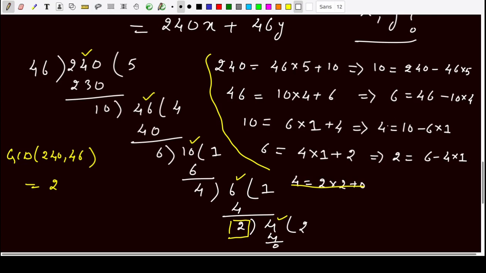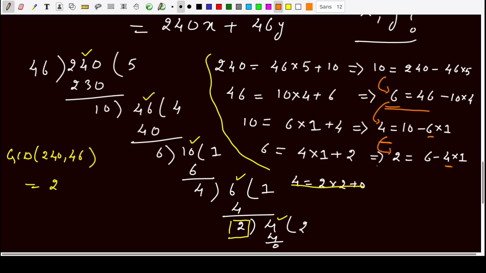Now what we will do is replace the values. Here there is a 4. We will replace the value of 4 from this equation, express it again, and then we will get 6. Then we will substitute the value of 6 from its equation over here. Essentially the values will come from here, then to here, and eventually to here.